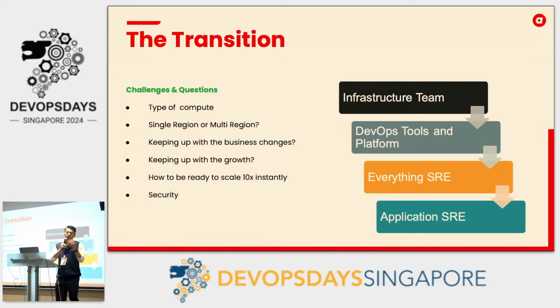The question and challenge we had when we started was what type of compute we wanted to use. We started with App Engine, like I said, which is not suitable for us. So then we went to Kubernetes, which I think is the right decision today. Then, are we going single region or multi-region?